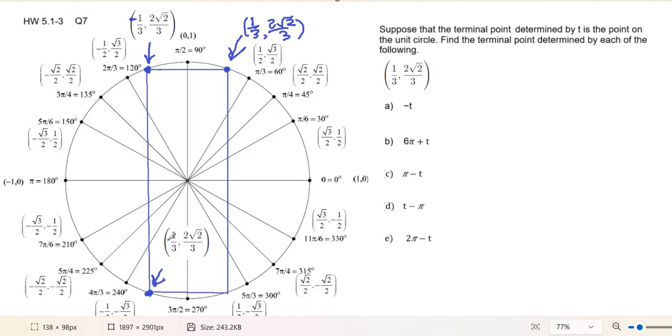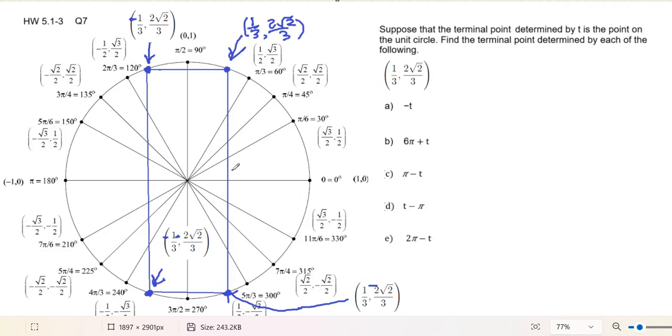So that's going to be the point negative 1/3, negative 2 root 2 over 3. And then this one right here, we've got a positive x and a negative y to get to that one. So this one has the negative. So for this type of problem, you just want to sketch that box and then put the coordinates on those points.